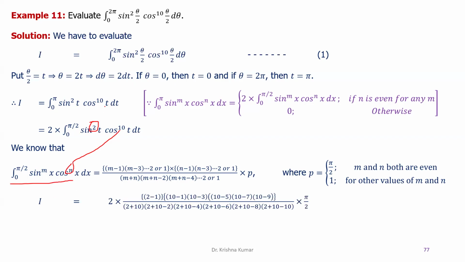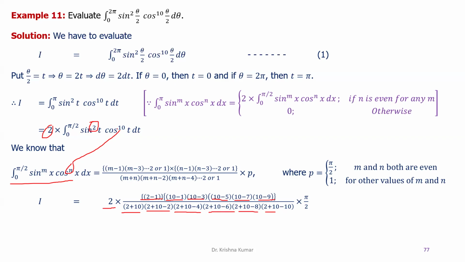So we have I is equal to 2 times, and this is 2 minus 1. The first part is over because m is equal to 2. The second part is (10 minus 1)(10 minus 3)(10 minus 5)(10 minus 7)(10 minus 9), whole divided by (2 plus 10)(2 plus 10 minus 2)(2 plus 10 minus 4)(2 plus 10 minus 6)(2 plus 10 minus 8)(2 plus 10 minus 10).